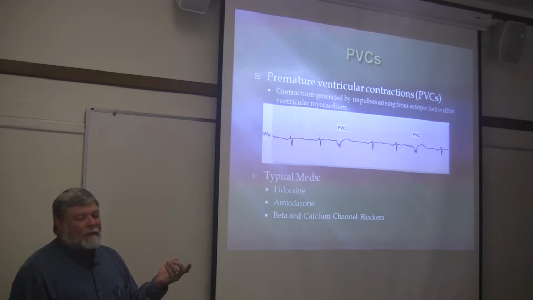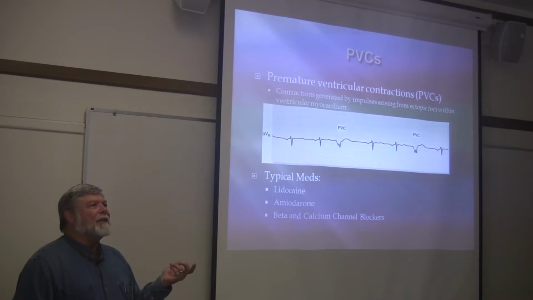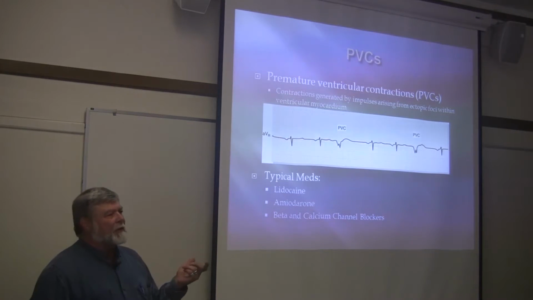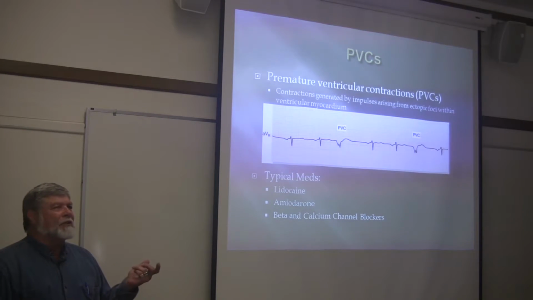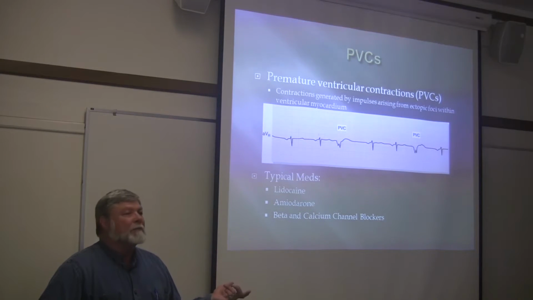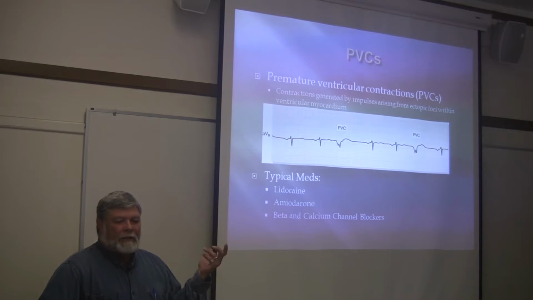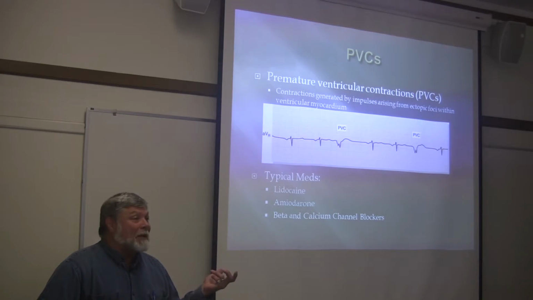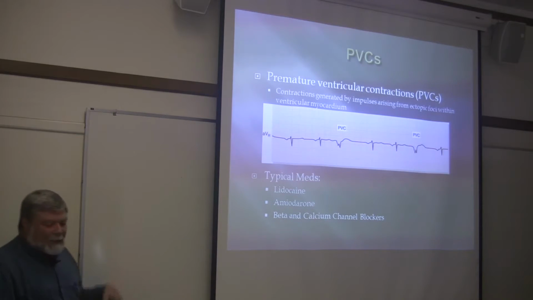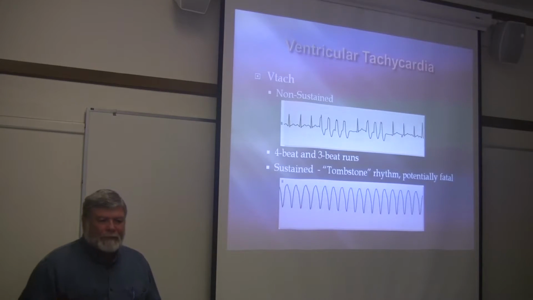This is often treated with lidocaine, which is actually not used all that often anymore. It has other side effects people don't like, and it's cheap, so they don't get any money out of it. Amiodarone, and of course, again, beta and calcium channel blockers. We'll talk about amiodarone in a minute.